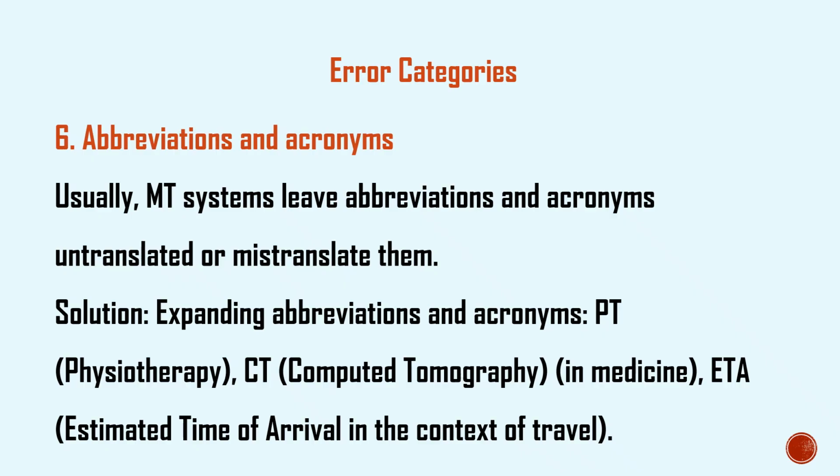For example, PT is expanded into physiotherapy, CT into computed tomography, and ETA into estimated time of arrival. By clarifying the intended meaning in advance, we help the machine translation system choose the correct equivalent and prevent misinterpretation, ensuring a more accurate and context-appropriate translation.